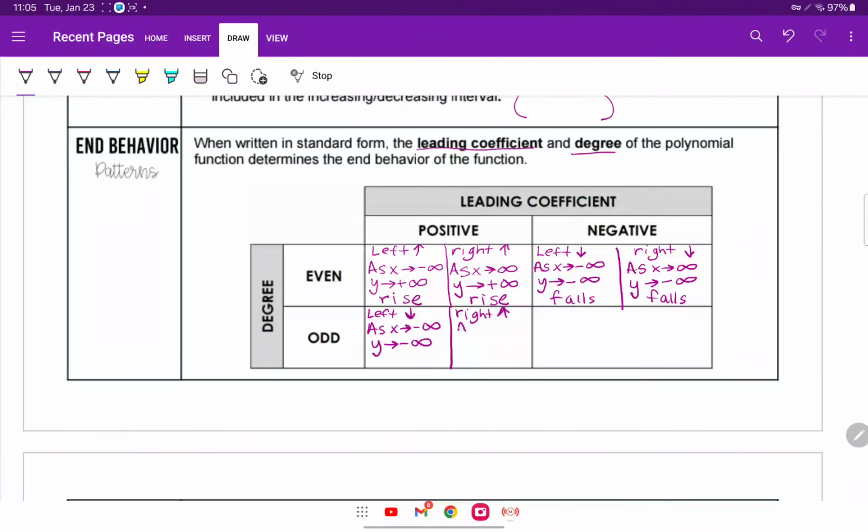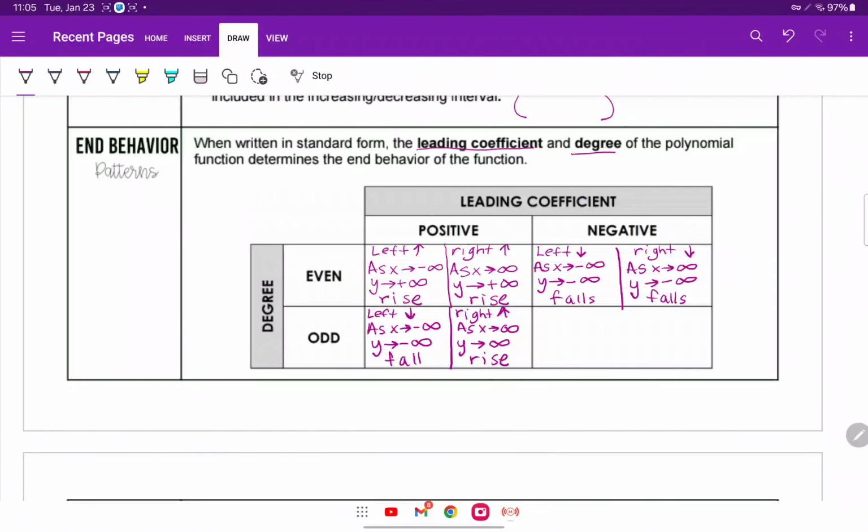On the right side, as x approaches positive infinity, the y values approach, because we're going up, also positive infinity. So they go in opposite directions. So if you have a positive leading coefficient and odd, you're going to have a fall, then a rise.